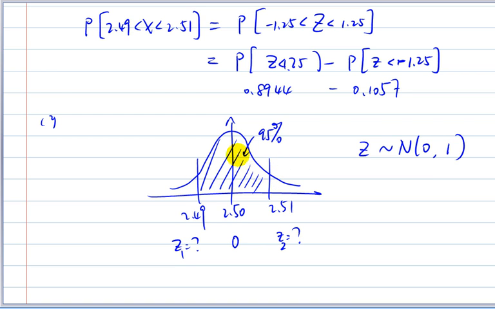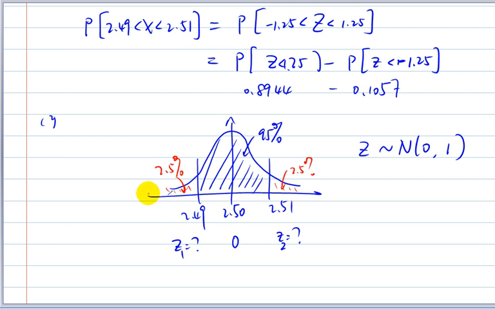If this is 95%, we know the overall area underneath the curve is 100, so the portion over here plus over here will be just 5%. And because it's symmetric, you're going to have 2.5% here and 2.5% here.